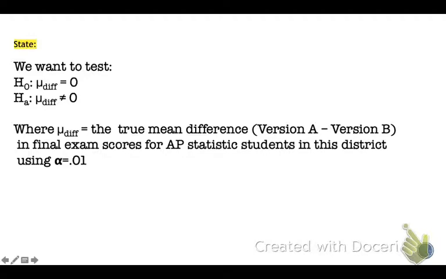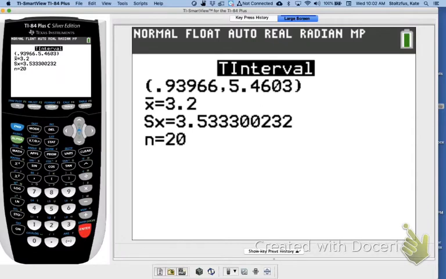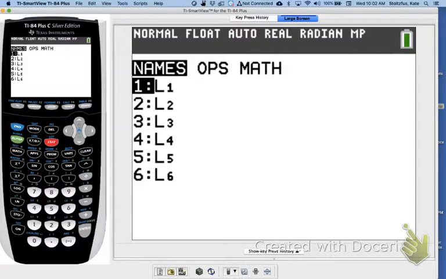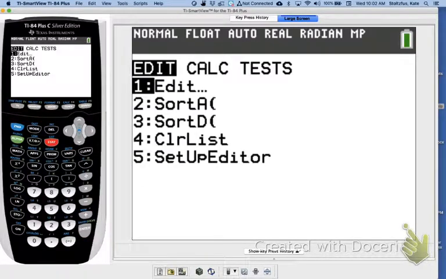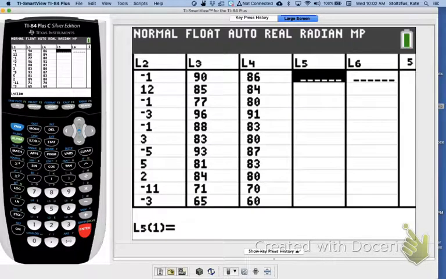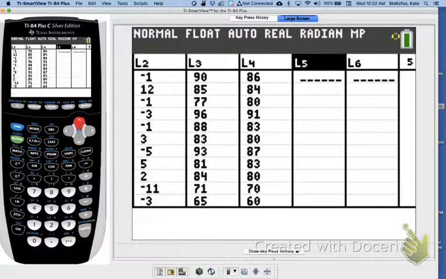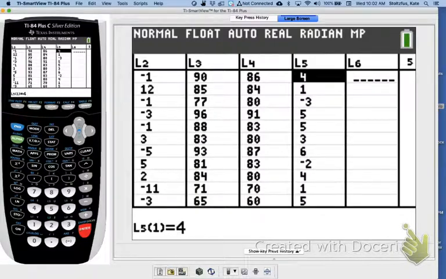So just take a second here to remind you, if I enter my data into lists, I entered mine in L3 and L4. And then L5, quick reminder, would be to subtract to find my differences. L3 minus L4. And it does the entire subtraction for me.